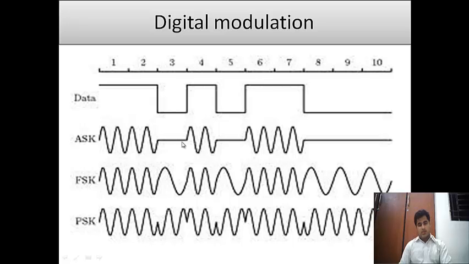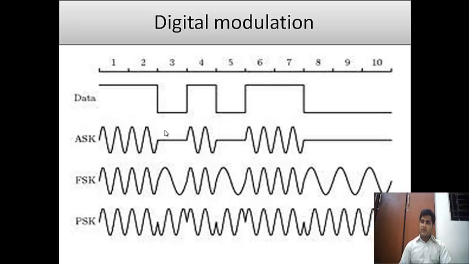We can see in the diagram, in the positive direction the carrier signal is present, but in the negative direction there is no carrier signal. It is typically used for 1200 bps on voice grade lines, and it is very useful in today's communication, for example over optical signals.